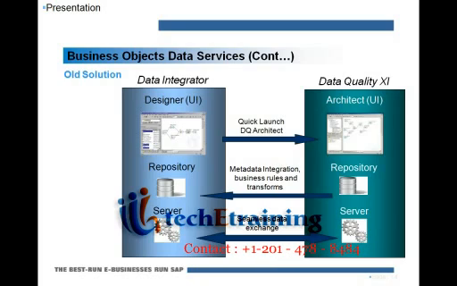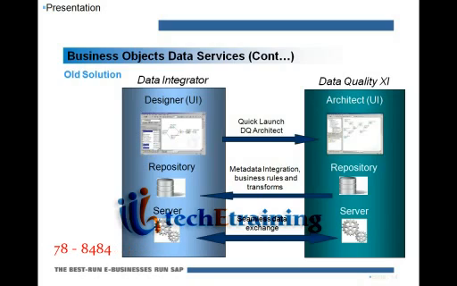But later on, SAP thought, why should we have two separate tools when combining them can give us better benefits? So they brought Data Integrator and Data Quality onto the same platform and made them one. We do not have two separate servers anymore. We have one server, one repository, and one interface, and that interface is called the Designer.